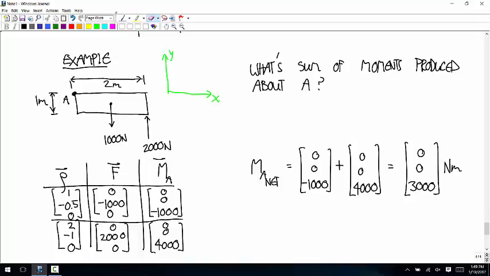Any questions about that? Yep, in the z direction. In the positive z direction. So what that says is that the axis of rotation is in the z direction. So it's going to cause a rotation in the xy plane. You know what I mean?